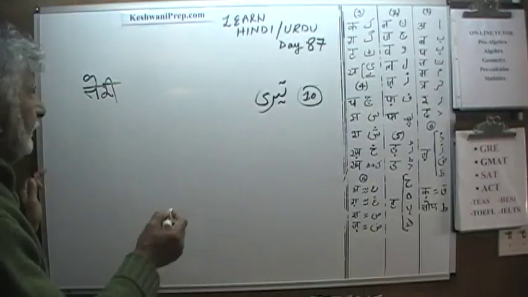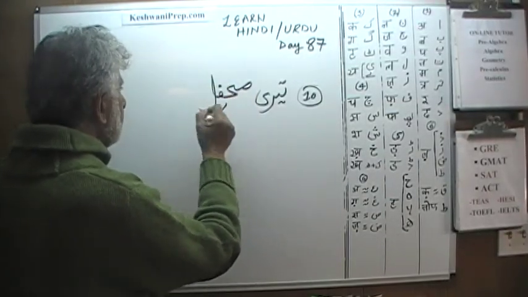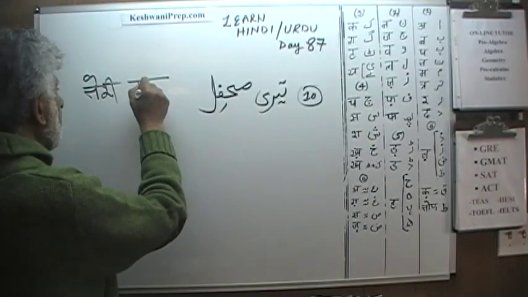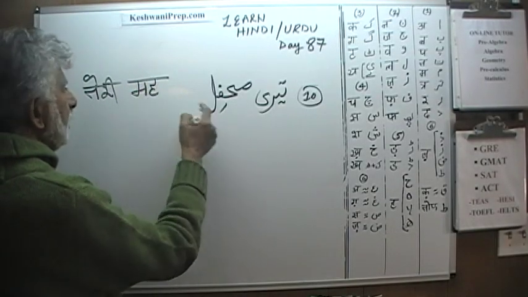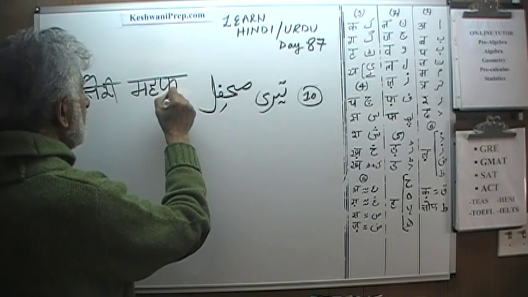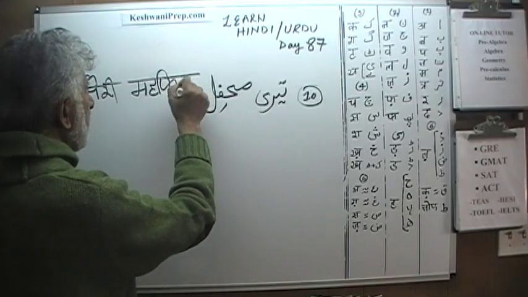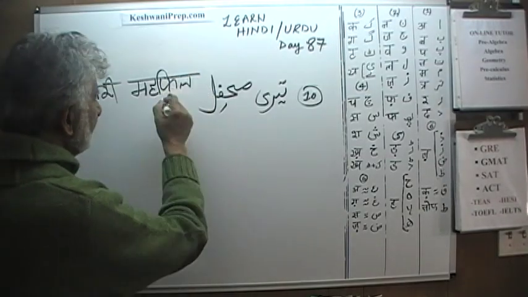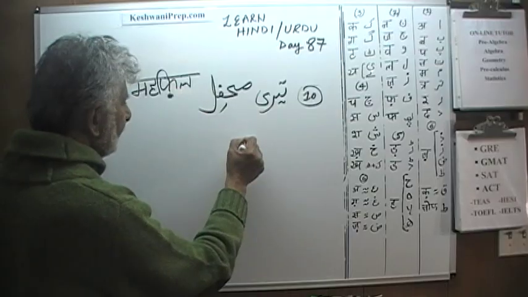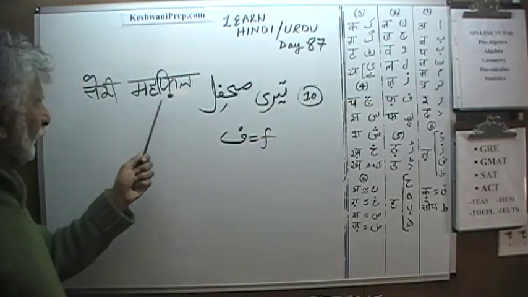Teri Mehfil. I left no room for the choti e ki matra, Mehfil. This dot tells us that this letter right here is F. That's what the dot tells us.